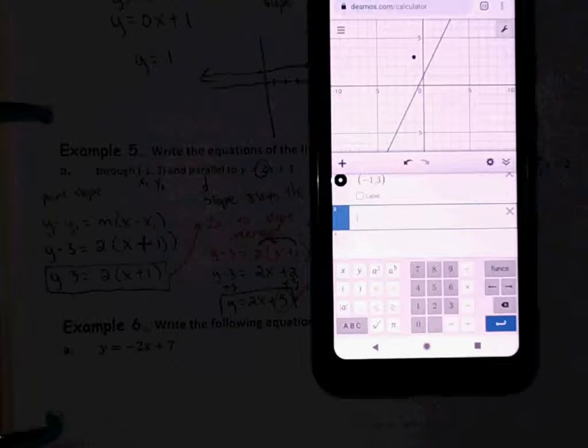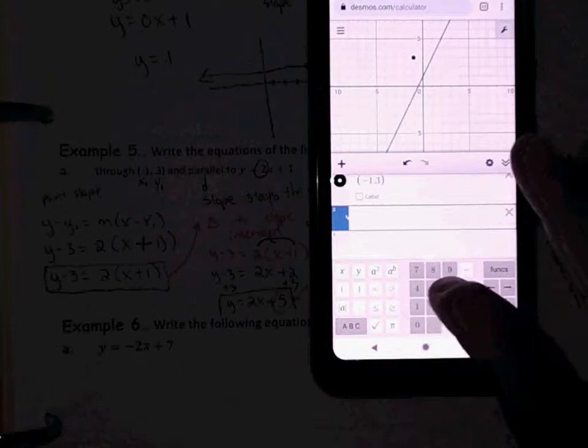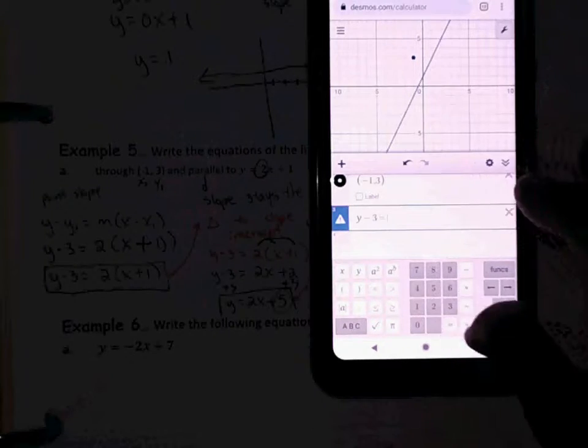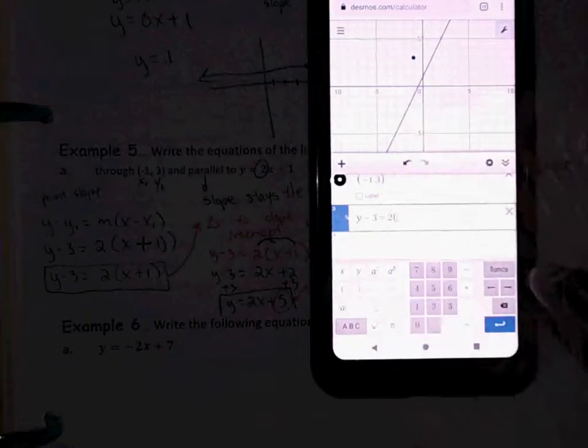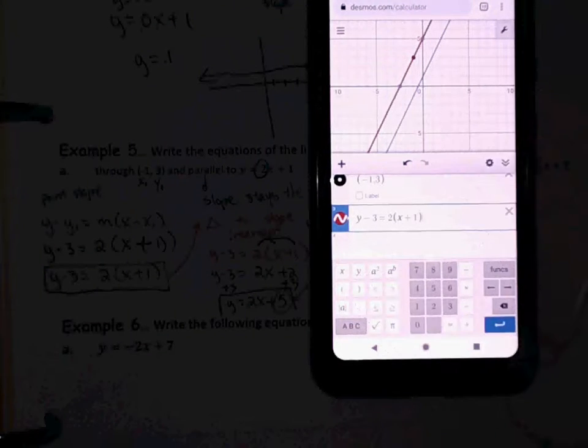So let's look at the third step, where we took our equation that we found, which is y minus 3 is equal to 2 open parentheses x plus 1 close parentheses.